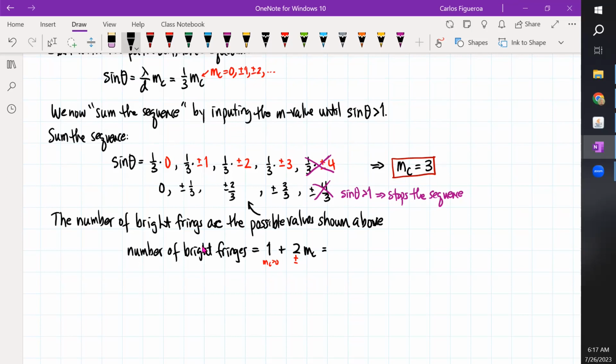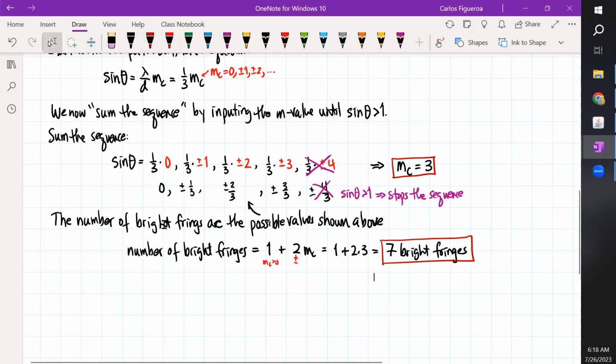So in this case, this is going to be 1 plus 2 times 3, which tells us that there's 7 bright fringes. That's how I look at that sequence.